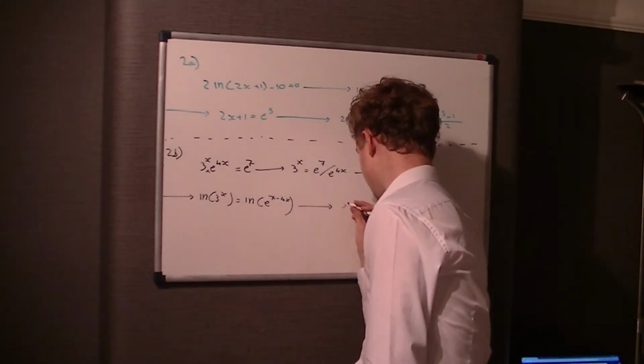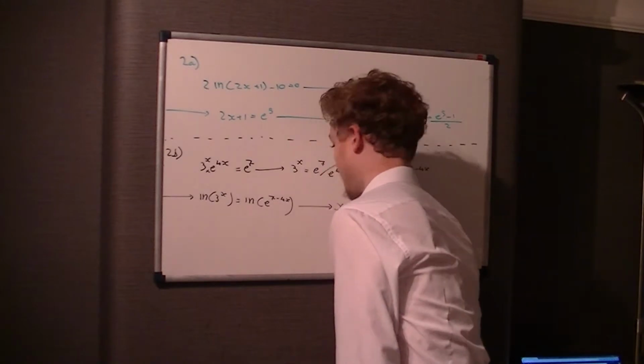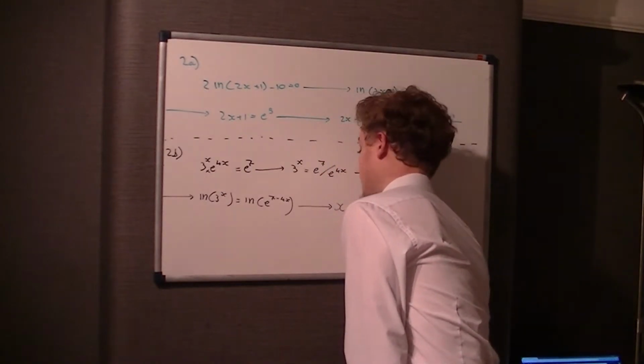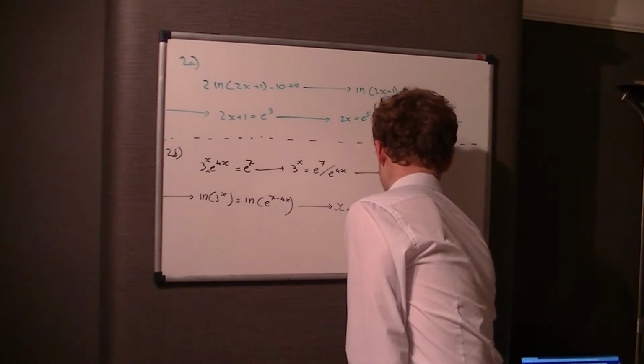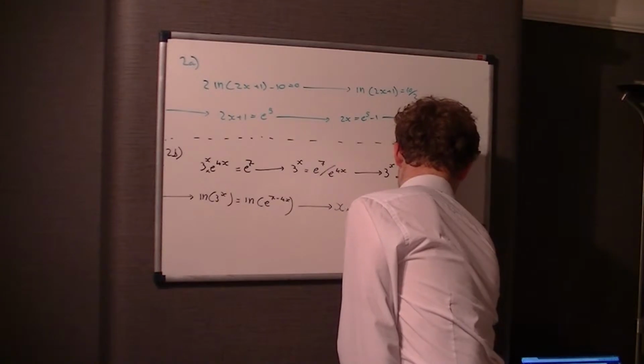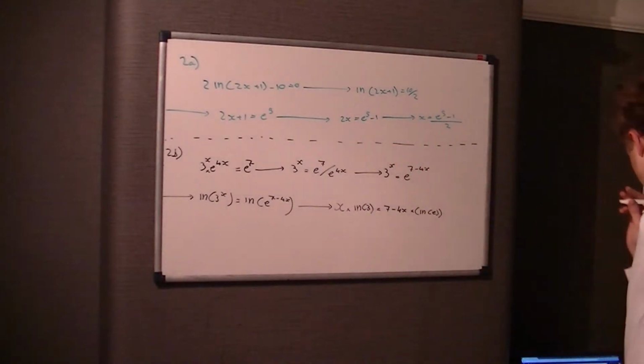So therefore it's x times the ln of 3 equals (7 take 4x) times the ln of e, which is obviously 1.